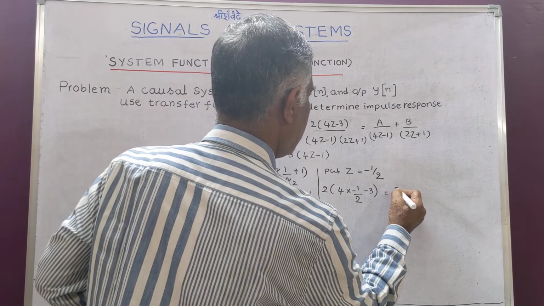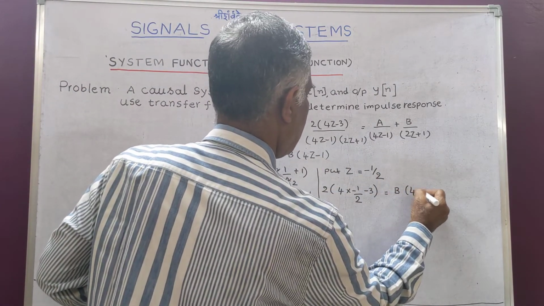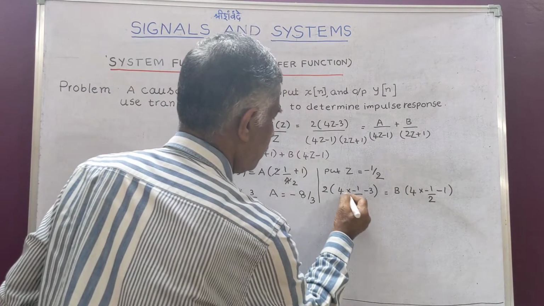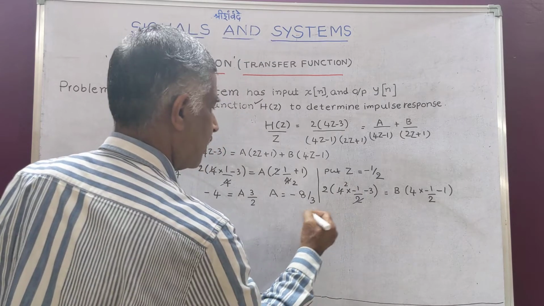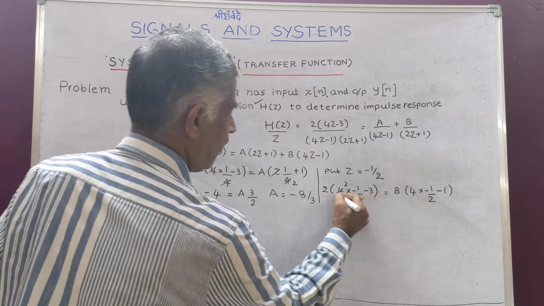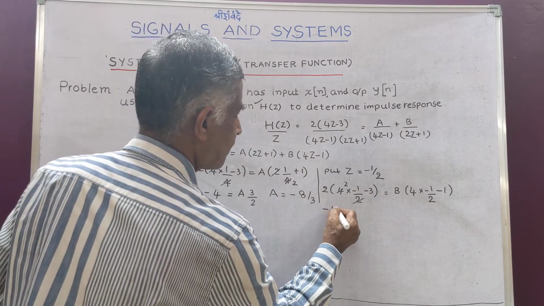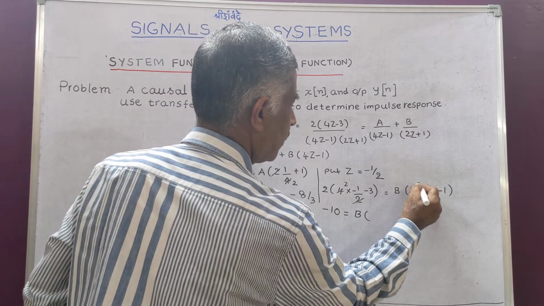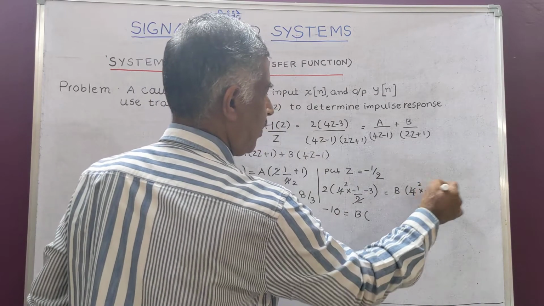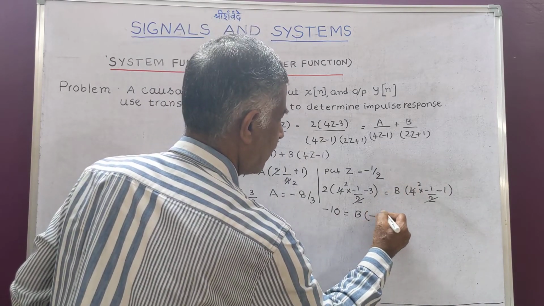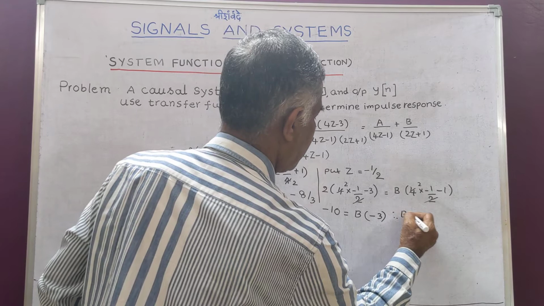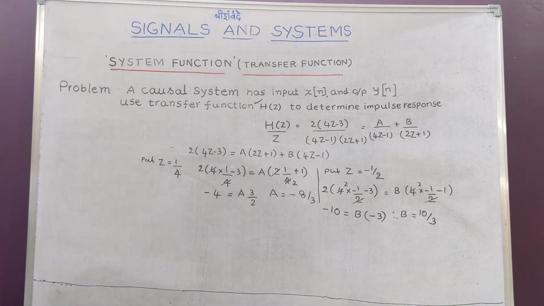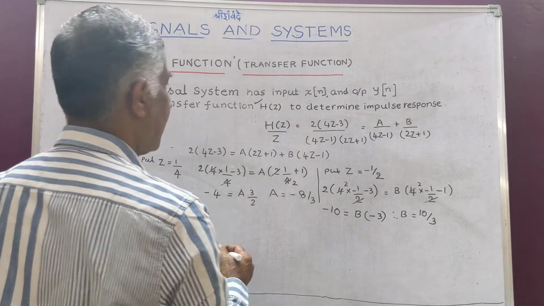Now 2 twos are 4, minus 1 is minus 5, and minus 5 into 2 is minus 10, which equals B times minus 3. Therefore, B is equal to 10/3. So B is equal to 10/3, A is equal to −8/3.